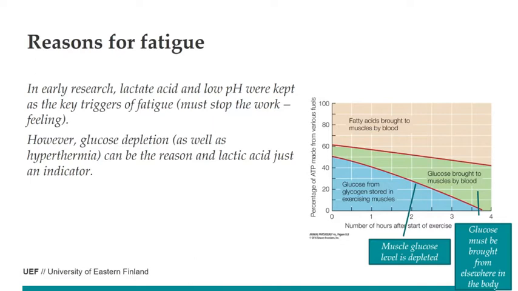Then the glucose stores are depleted during exercise, and after that, the glucose must be brought from somewhere else. Practically, that means the liver is cutting glycogen to release glucose into the circulation, and it's brought to the skeletal muscle and used. But it can also mean that there is not enough glucose for contractility.